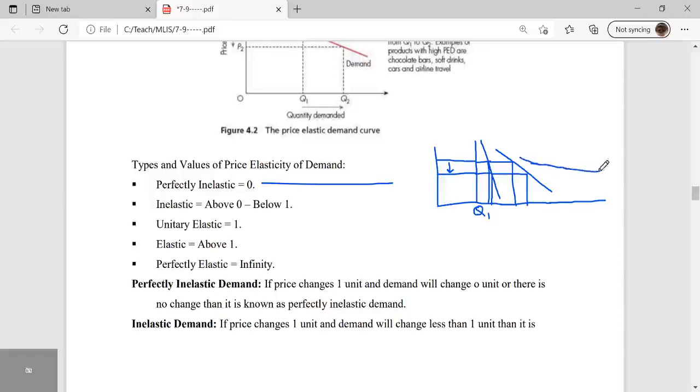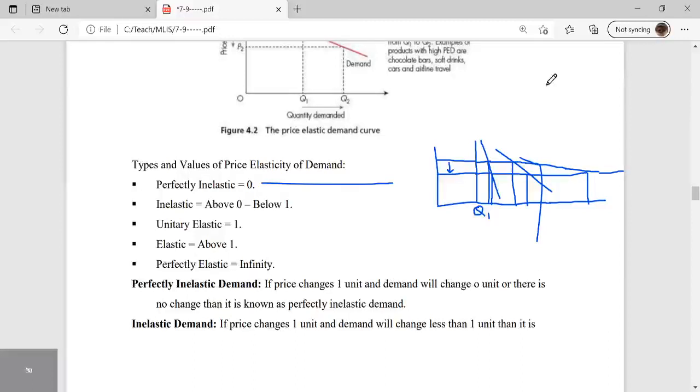Almost horizontal, right? So see, if you change the same amount, see, huge response. Okay, we already talked about it. And for perfectly elastic, it will be a total horizontal line.